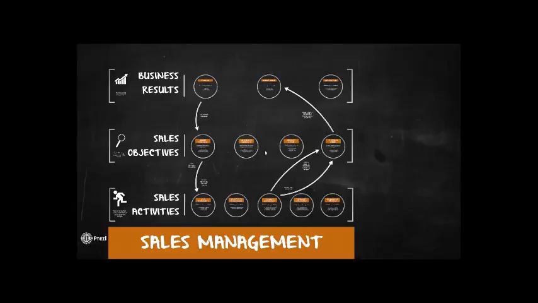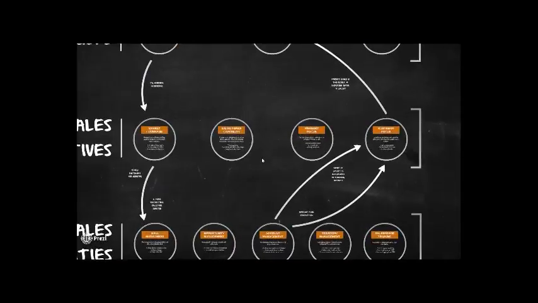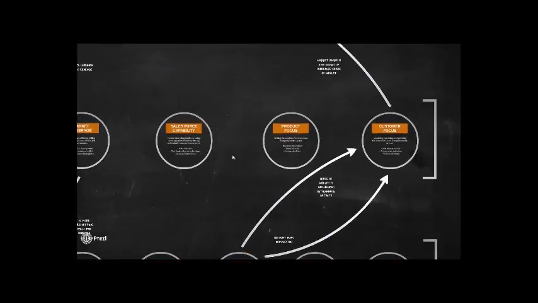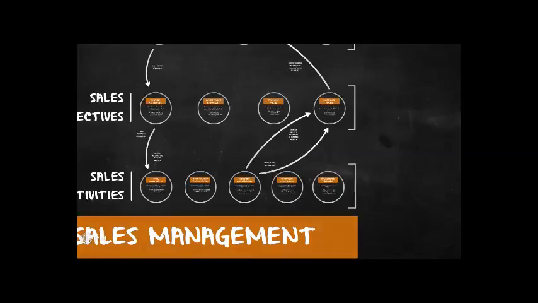However, you could also do that by changing the product focus or customer focus. So again, that would have a different set of activities beneath it to influence the end result. So that's why it's important to understand the business result that you want before you start defining the sales activities that you're going to proactively manage.